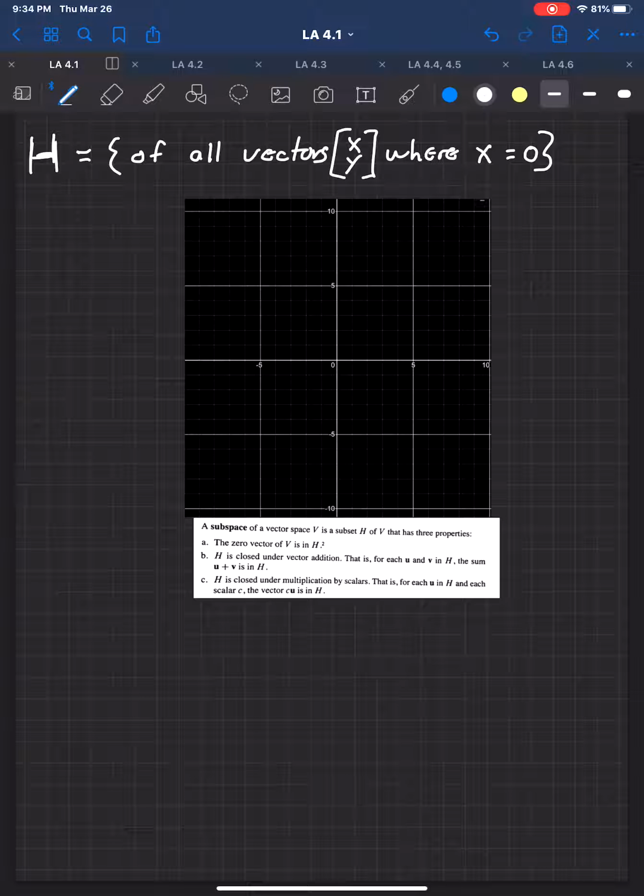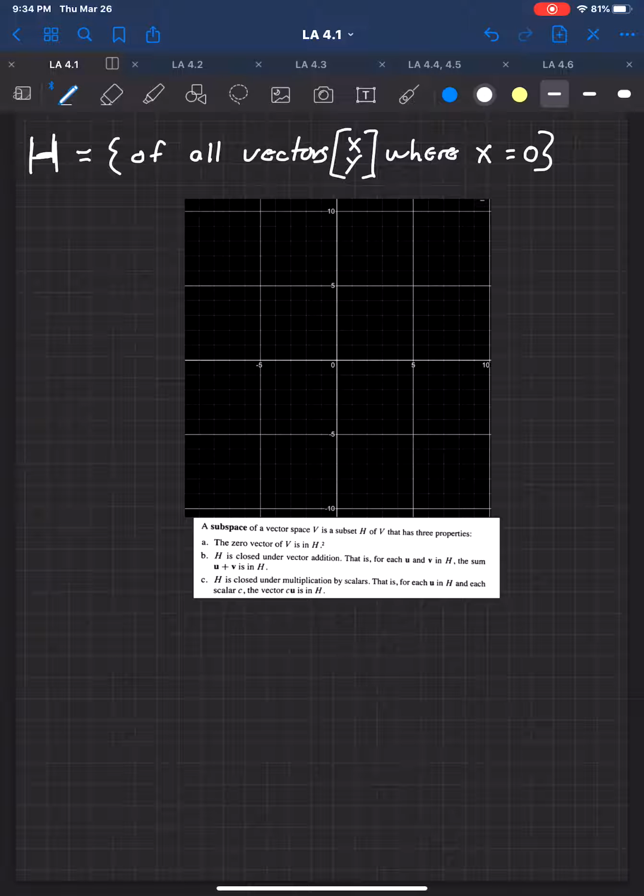So let me read this. It says, let H be equal to the set of all vectors x, y. Now, what space are we in? Well, if your vector is a 2 by 1, then you're in R2 space. So H is the set of all vectors, and here's your condition: the x has to always be 0.